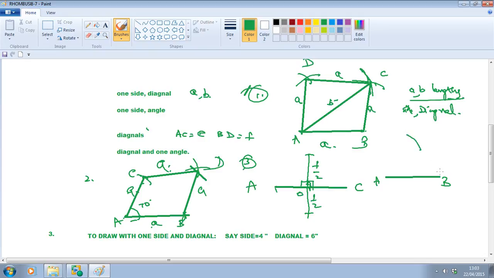You make an arc from A, and from B with the same length you cut, and with the same length you cut down also from B and also from A. So if you join these two points, the line will divide this line equally, and this will be perpendicular.